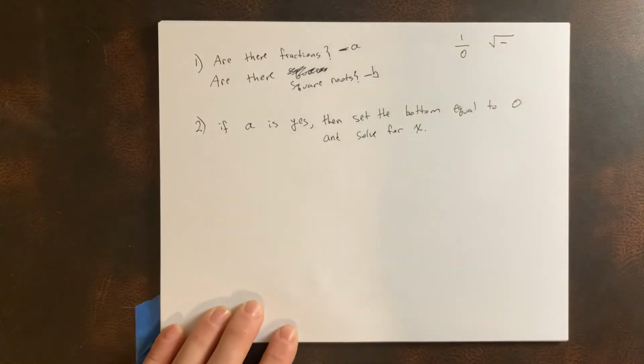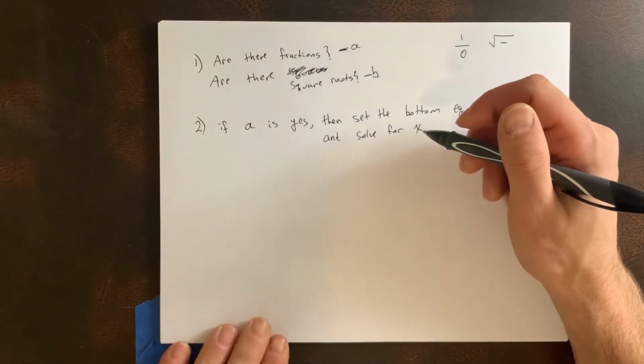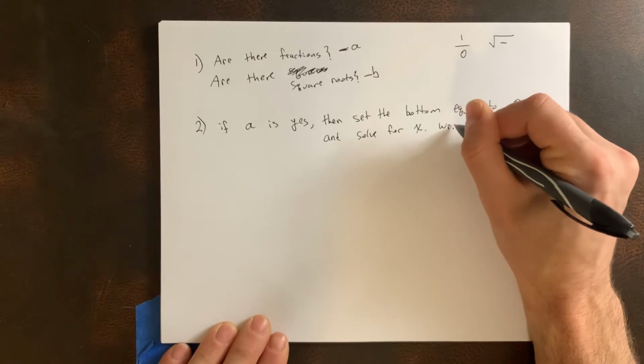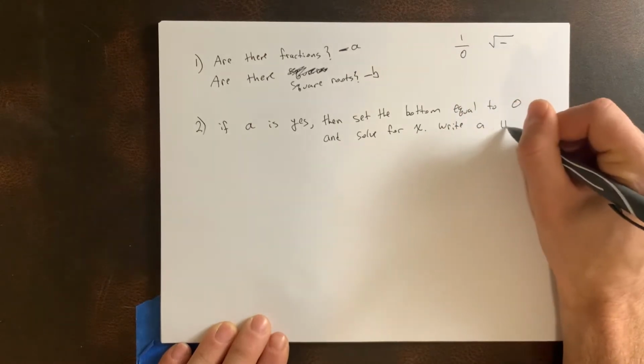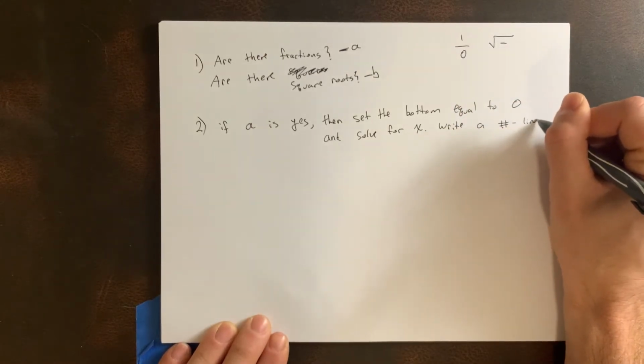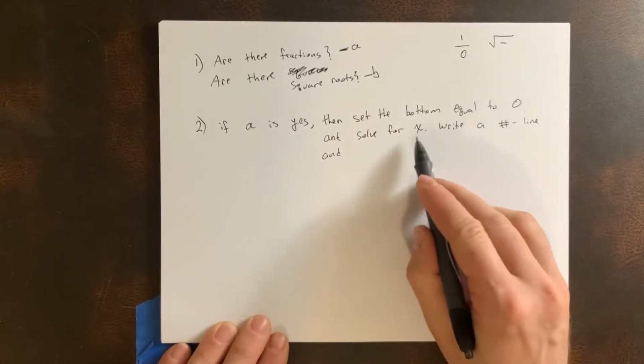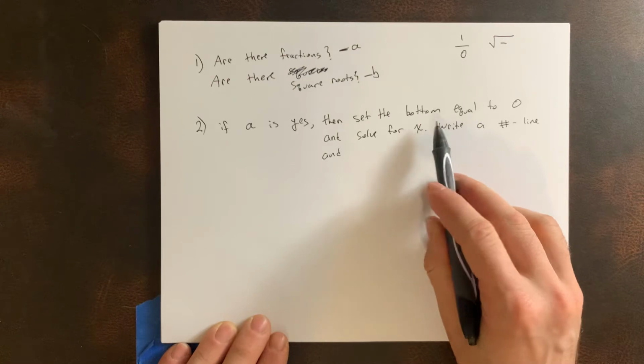You're going to get some x values, and this will all be more clear with an example. Once we solve for x, we write a number line and put circles on the values that we found when solving for x.